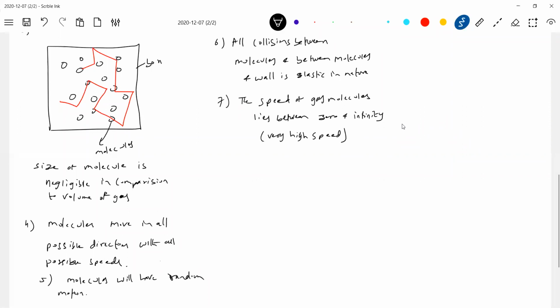And different molecules will be moving in different directions. So this is something very important. Suppose that this molecule is moving like this.